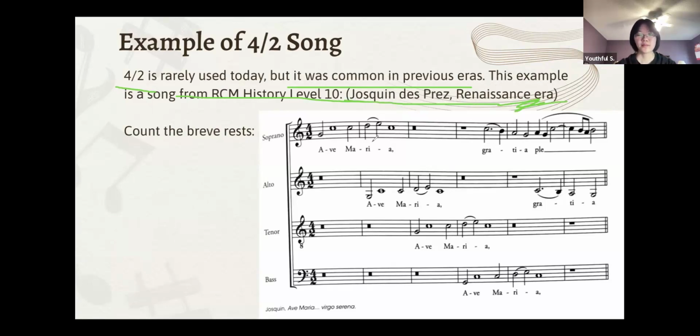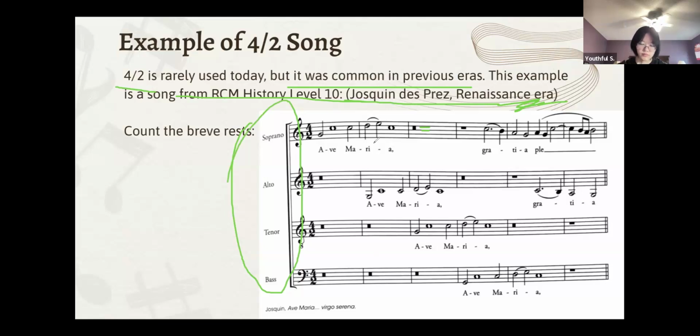So basically, that's what a breve rest would look like. It fills up the entire space between these two lines. And this usually means you would play the song slower.